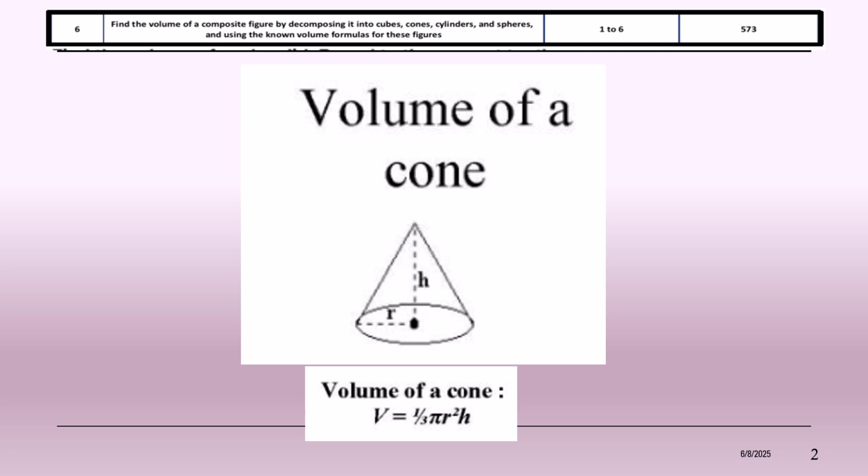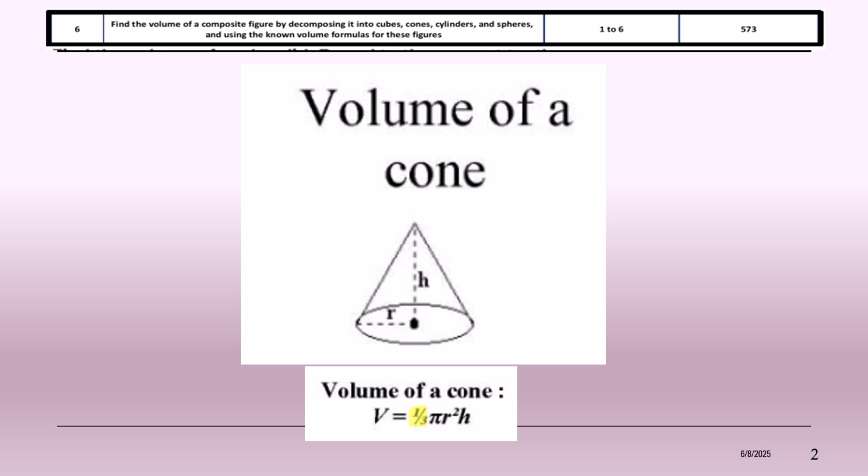Firstly, let us identify what is the volume of a cone. What is the formula for volume of a cone? All you need to remember is the difference between the volume of a cylinder and a cone is now you just add 1/3 at the very beginning of your formula.